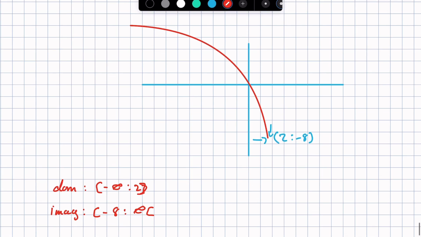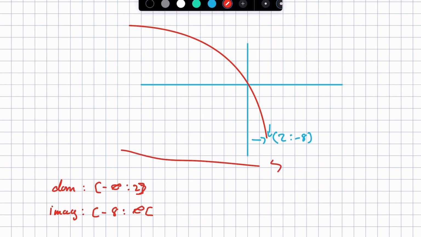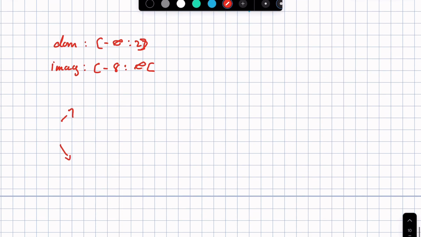So you look at it, it goes to infinite to 2. So this, no. This, yes. Oh, well, look at that. Domain and codomain. Sometimes it works, sometimes it doesn't. You just got to do it yourself.